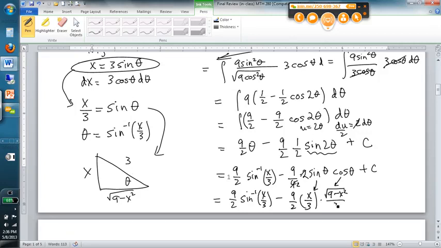And the nice thing about it, the 9 cancels with the 3's too. So it's just x over 2 times the square root of 9 minus x squared there. But anyway. Nothing to it, right? Probably have one of those trig substitution problems on the final.